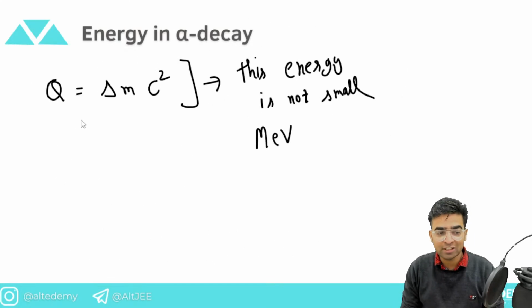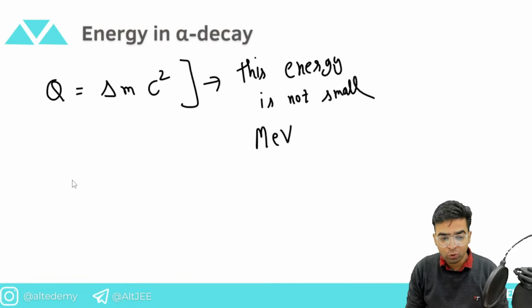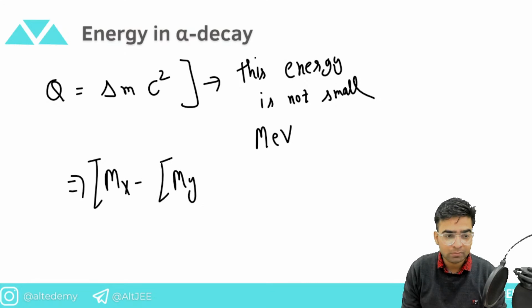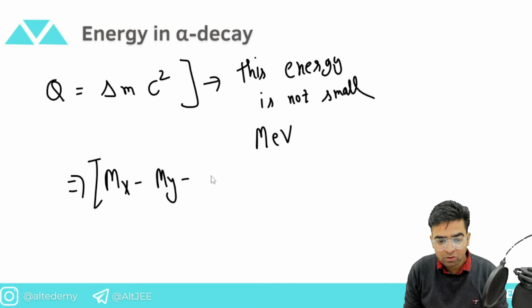So this energy is the energy of an alpha decay, or you can say the Q value, and it is the mass of the X atom minus the mass of the Y atom and the mass of helium, times C square.